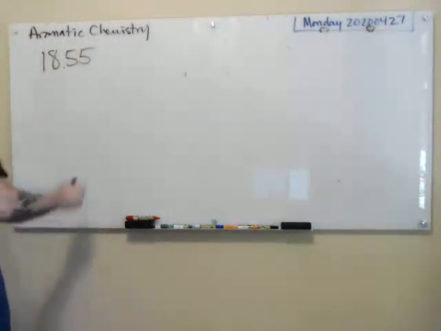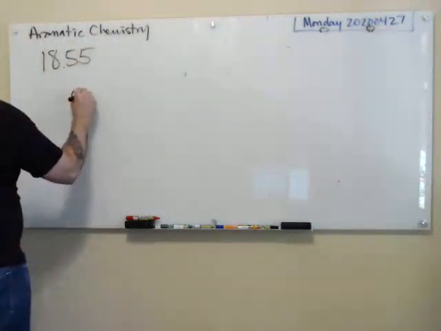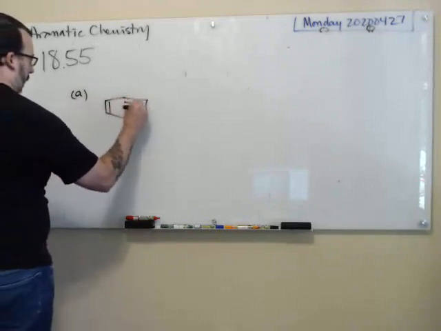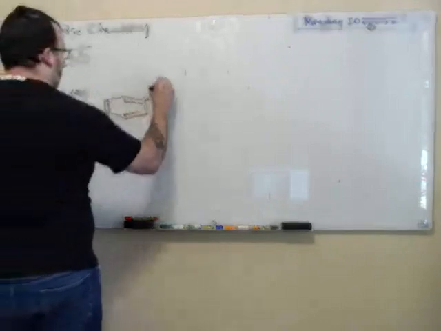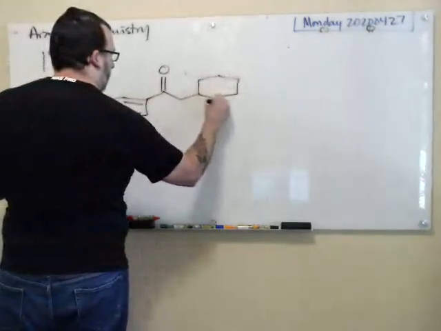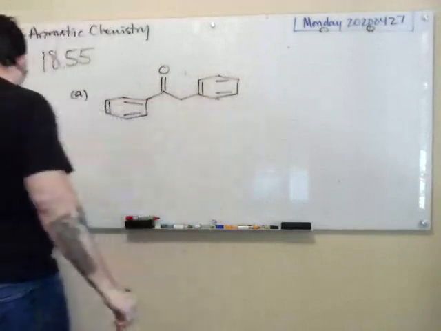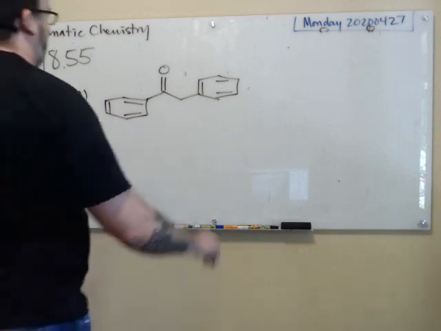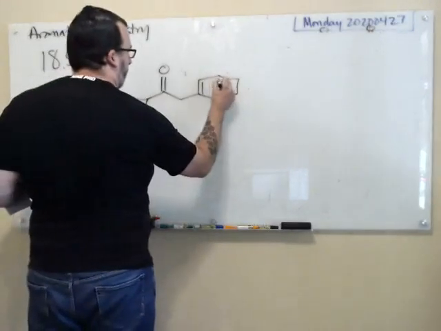Chapter 18, number 55. So it says, in each case, identify the most likely position at which monobromination would occur. So what's the challenge with this problem?